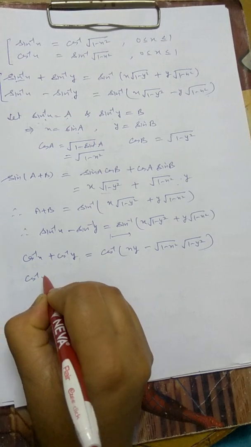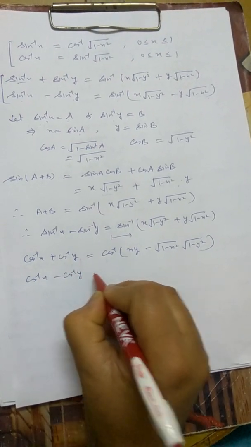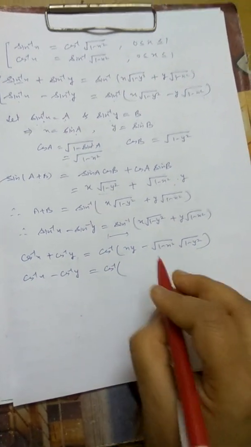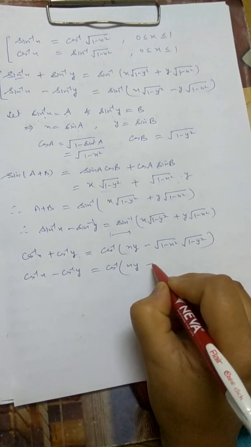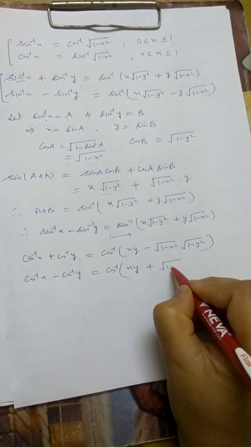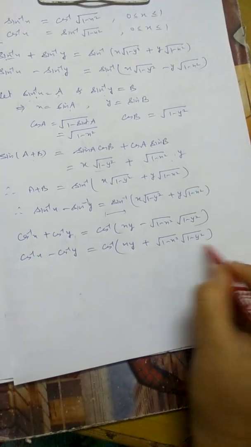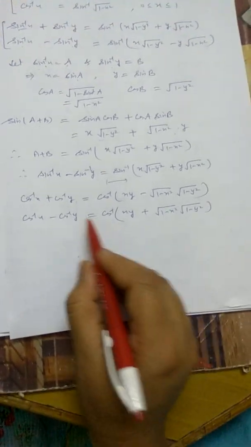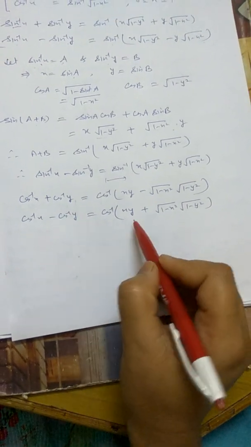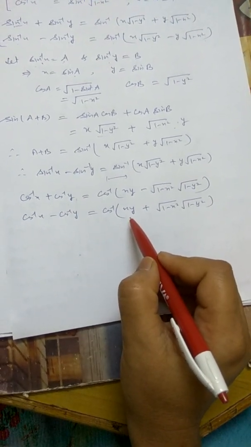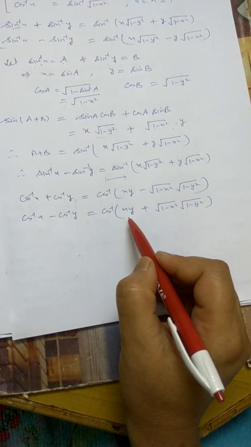And cos inverse x minus cos inverse y is equal to cos inverse of xy plus root of 1 minus x square into root of 1 minus y square. And these can be proved by using the formula for cos a plus b.